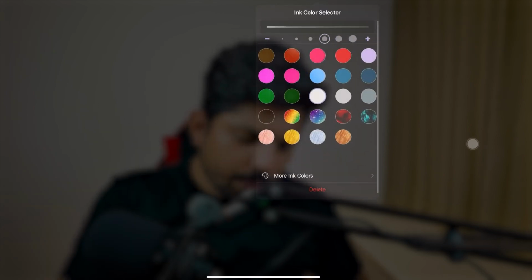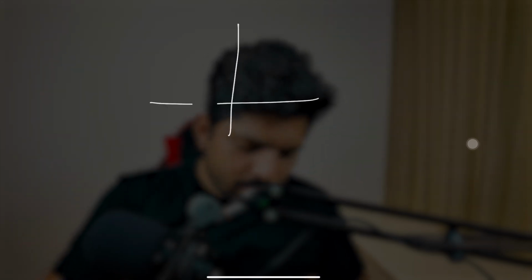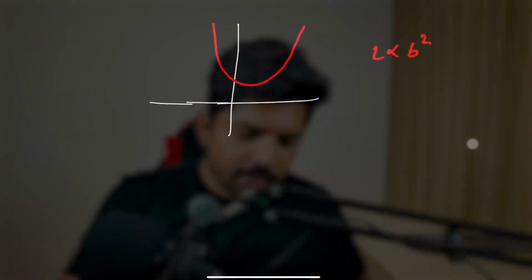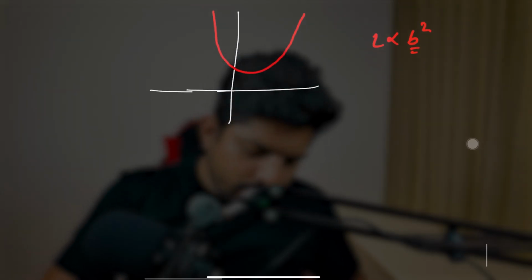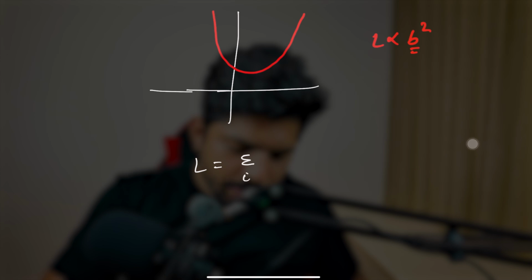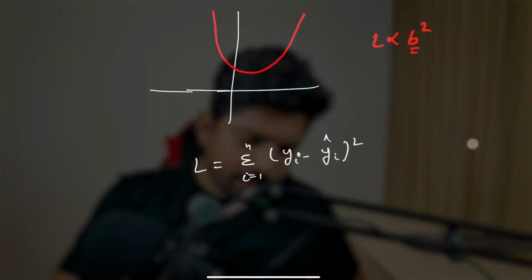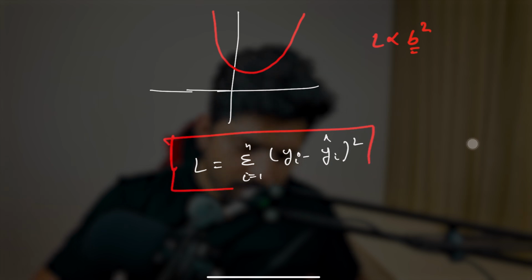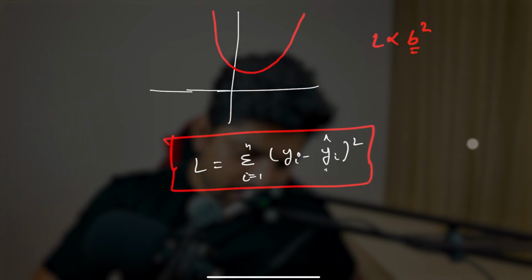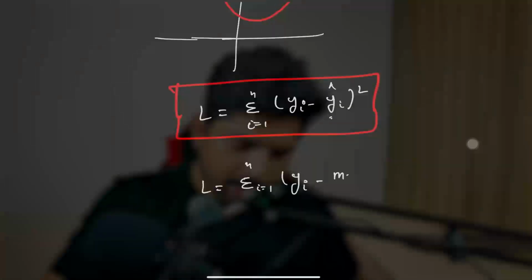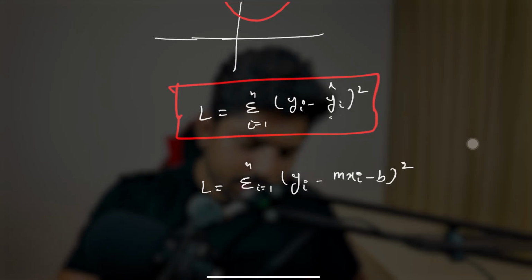So here, let's draw the function again. It's like L versus b squared, right? And the formula for L is the sum over n of (yi minus yi hat) squared, correct? And we know that yi hat is m xi plus b, so it's yi minus (m xi plus b) squared, correct?